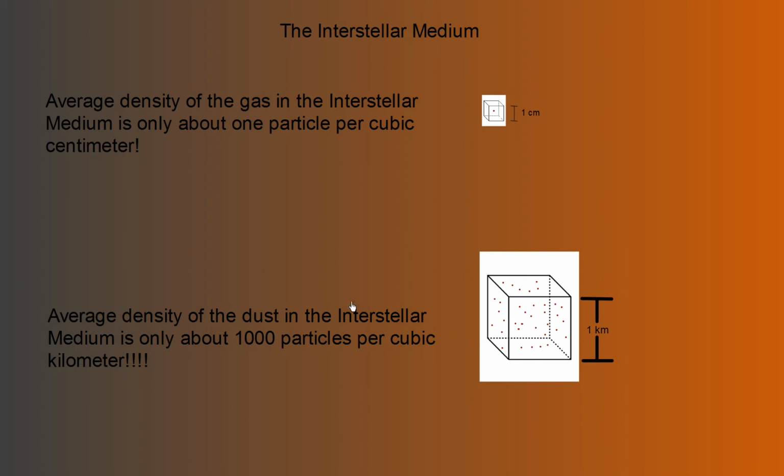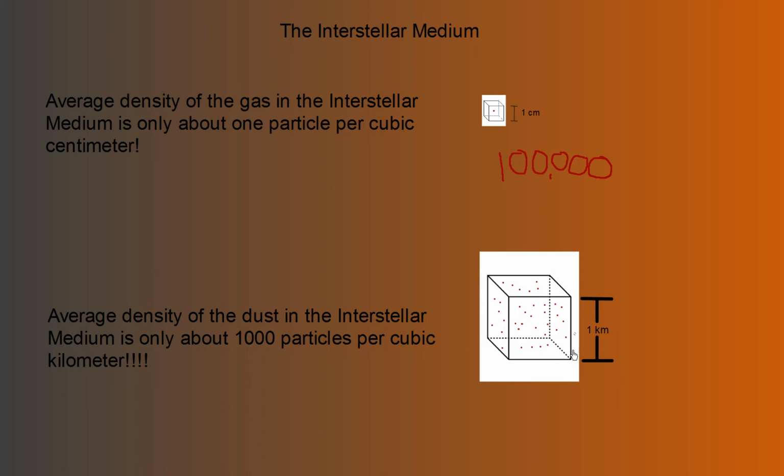Dust is quite a bit less dense actually, and it looks confusing based on the drawings I have here. But if you look at the scale, this actually is a 1 kilometer cube versus 1 centimeter. There's 1,000 meters in a kilometer and 100 centimeters in a meter. So each side is actually 100,000 centimeters here.